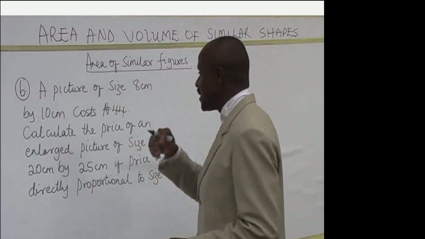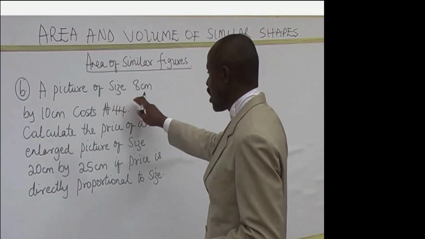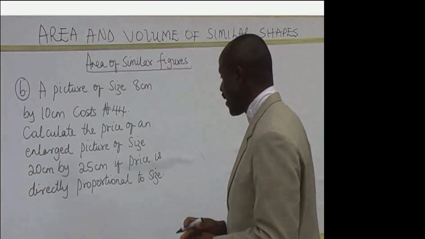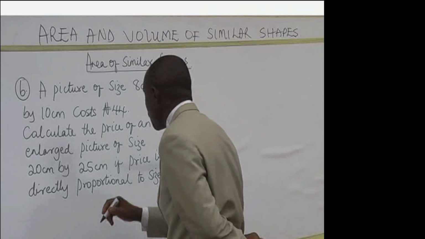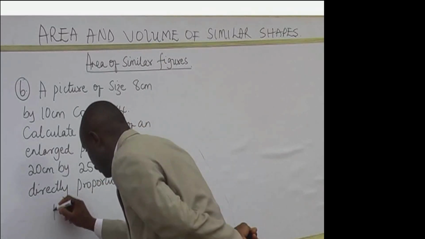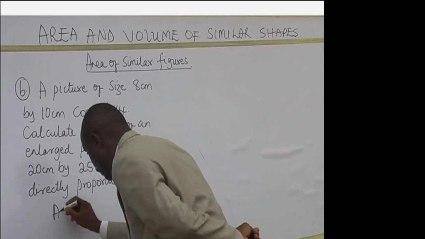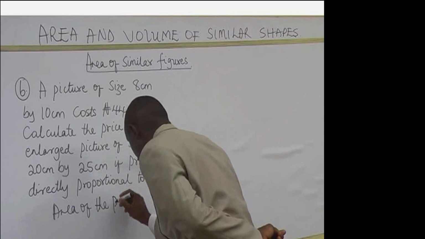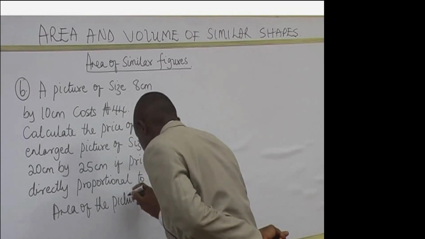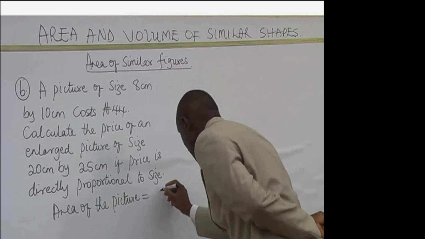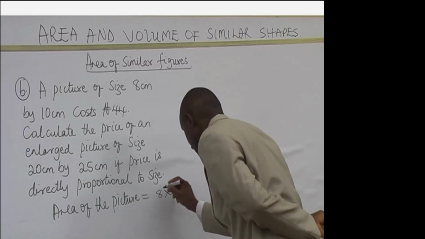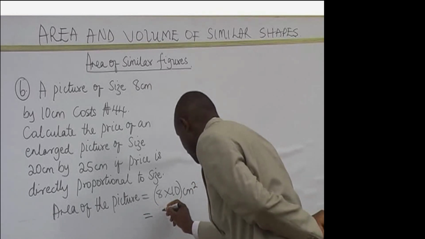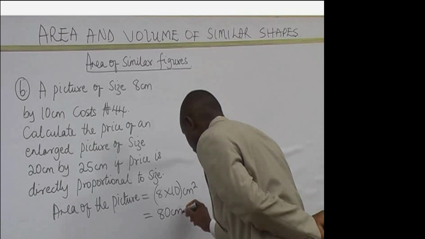So in this case now, they say that the picture size of 8 by 10 centimeters costs 44 naira. The area of the picture is 8 times 10 centimeters squared, which is 80 centimeters squared.